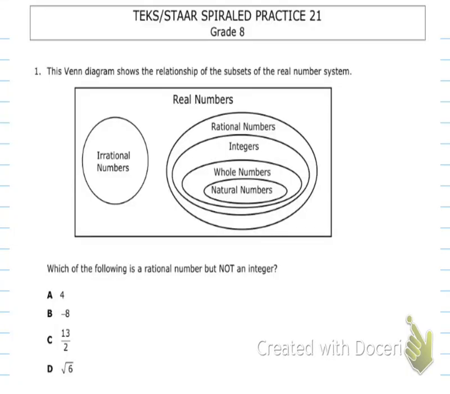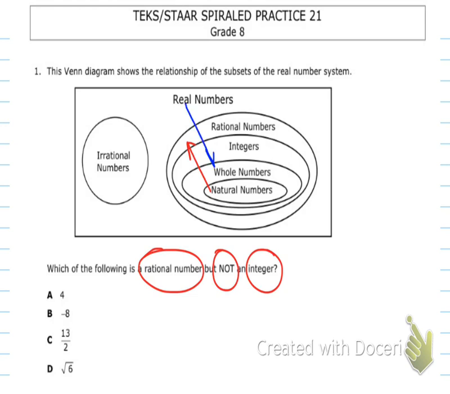All right, so which of the following is a rational number but not an integer? The good thing here is that we already have a picture of our real number system. So keyword is rational and then not integer. If you remember how the real number system works, you can work your way out, but you cannot work your way back in.